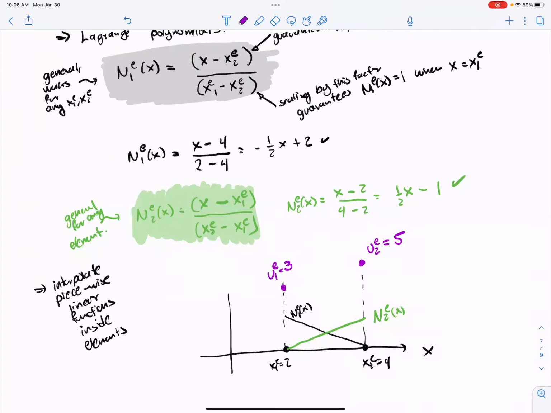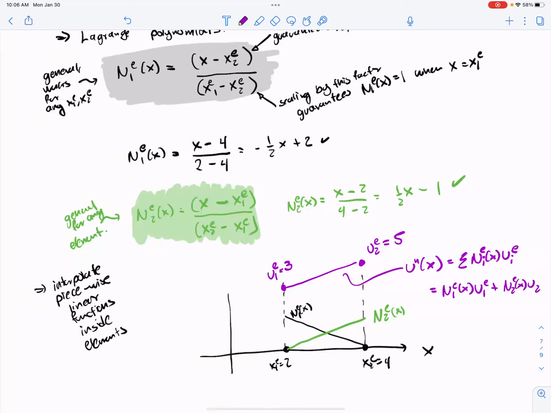So given these two shape functions and these two values, then this function uh of x is the sum of the shape functions times the nodal values. So that would be the first shape function times the first nodal value plus the second shape function times the second nodal value.